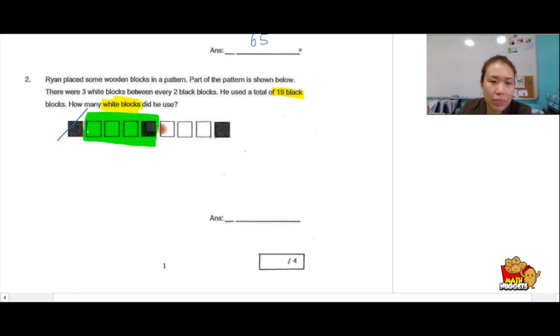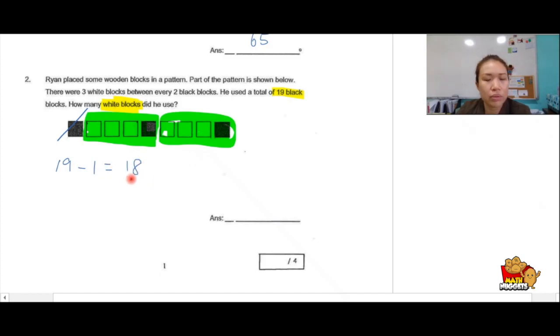So we need to take away the first black first. So 19 black minus the first black block, which is 18. So this tells us that there are 18 sets.